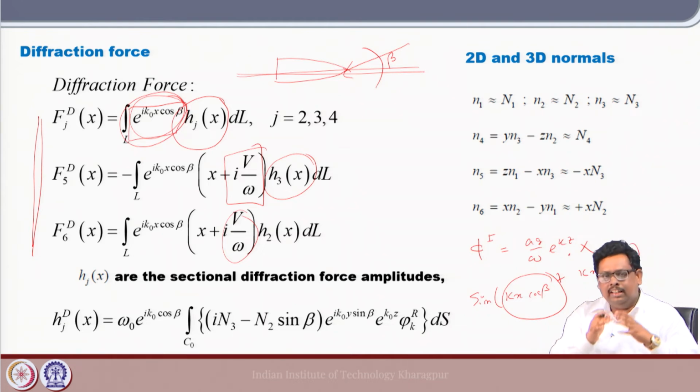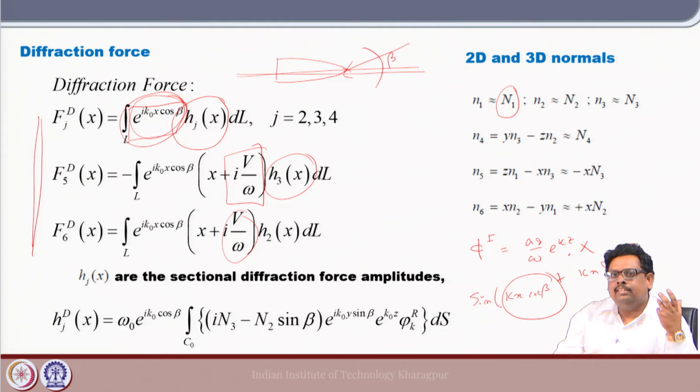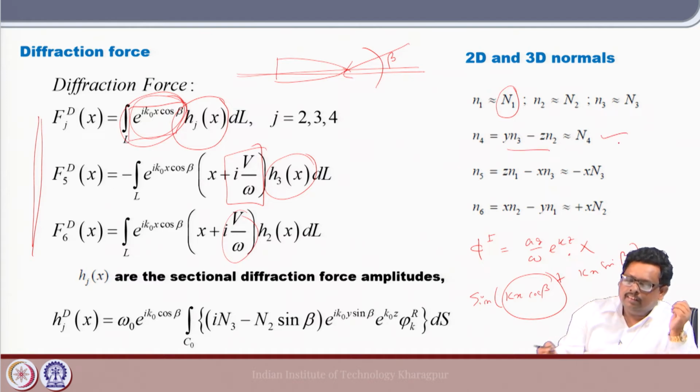After applying all this theory, we now define capital N as the 2 dimensional normal, and small n as the 3 dimensional normal. So, n 1 equals n 1, n 2 equals n 2, n 3 equals n 3, and then n 4 is nothing but the moment. Then n 5 is the r cross n, the second term, and this is r cross n, the third term.